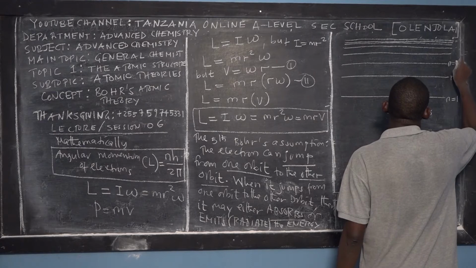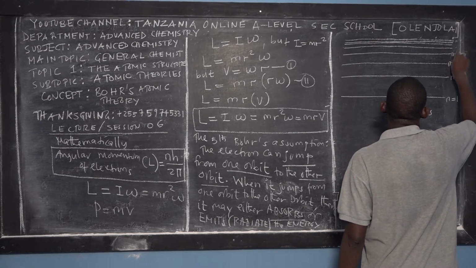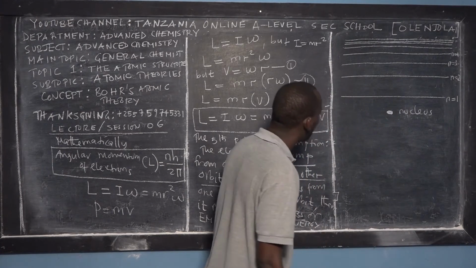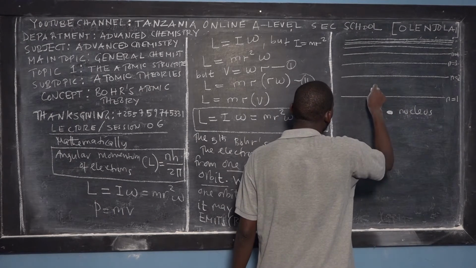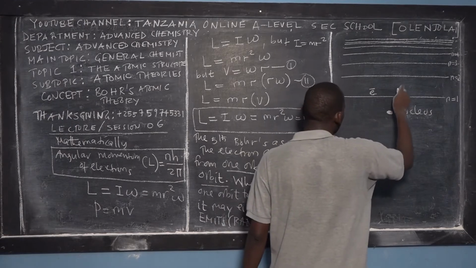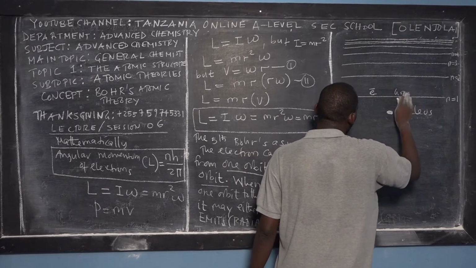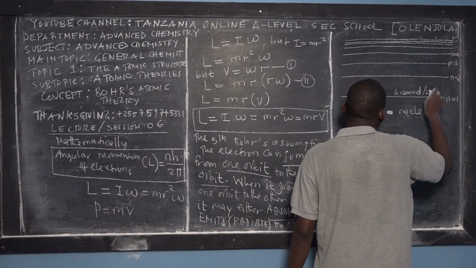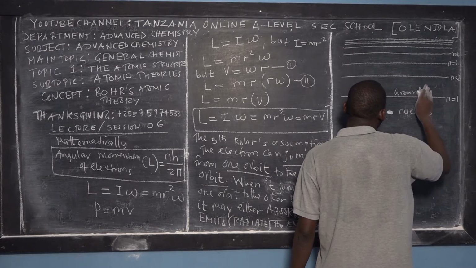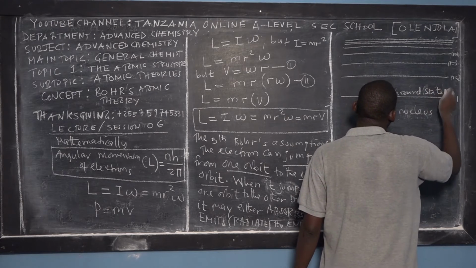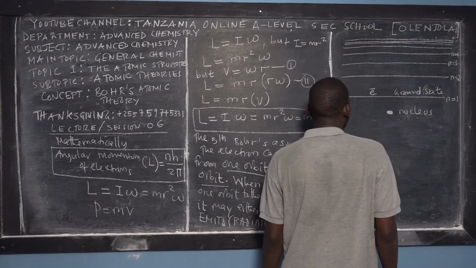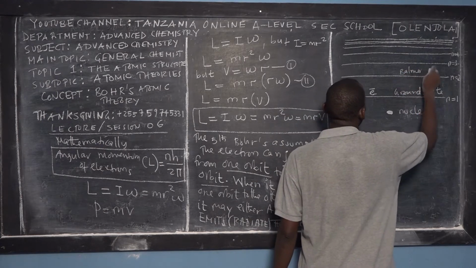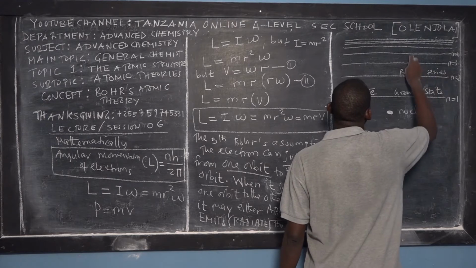So this is n equals 3, n equals 4, etc. So according to Bohr, when electrons are in the ground state, we call it the ground state, or we call it the Lyman series. This is the Balmer series. Okay, Balmer series. This is the Paschen series.